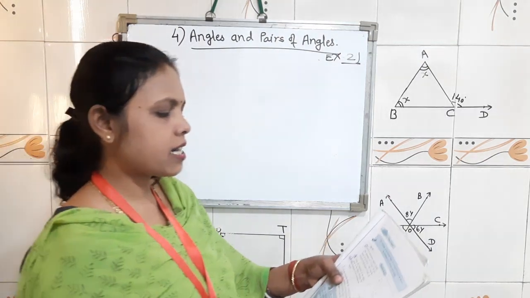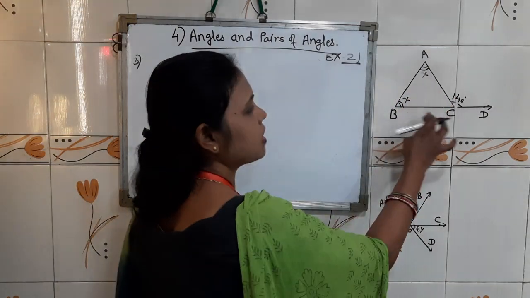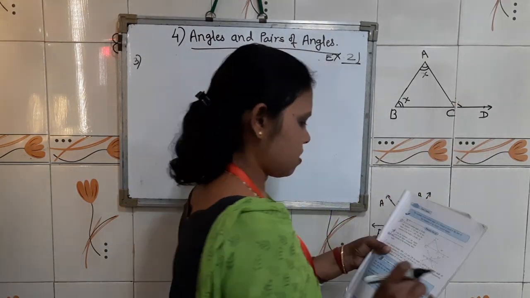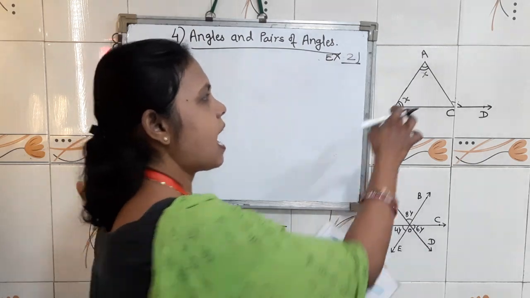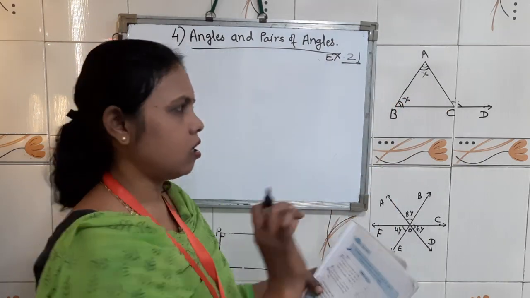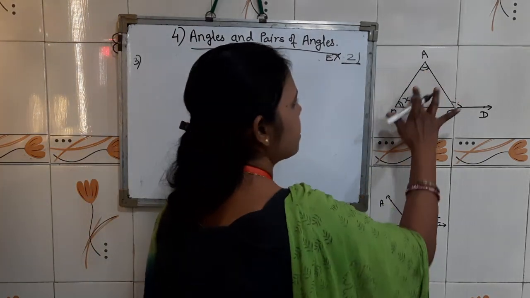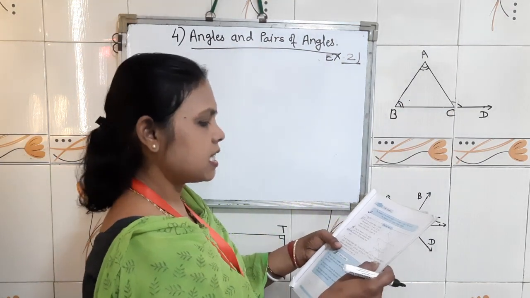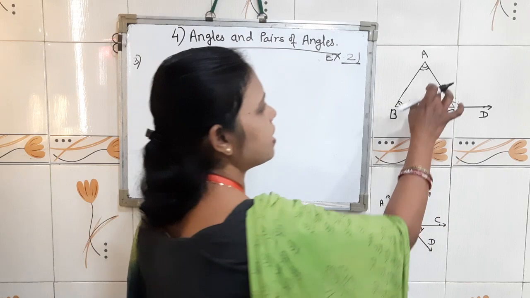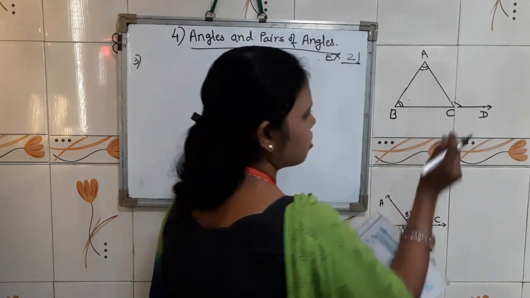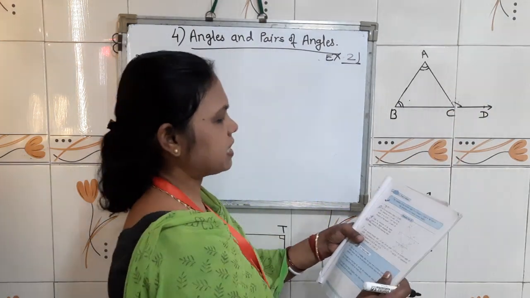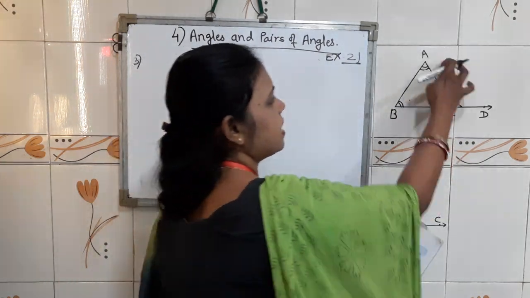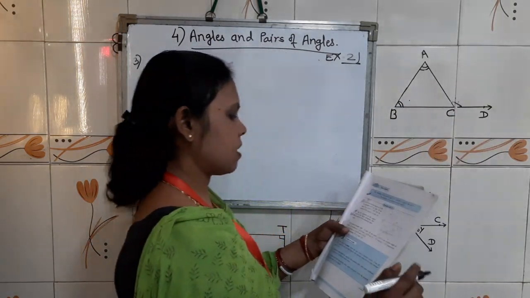In the isosceles triangle ABC, here angles A and B are equal. ACD is an exterior angle of triangle ABC as it is given.